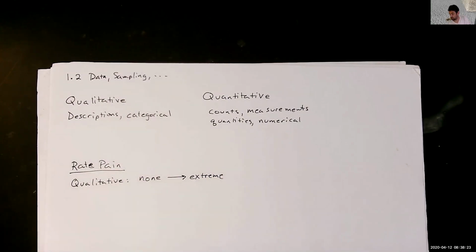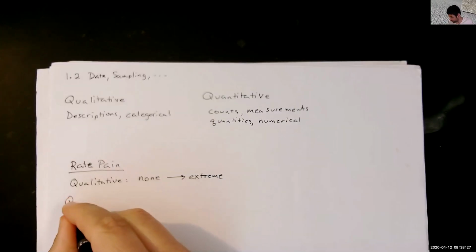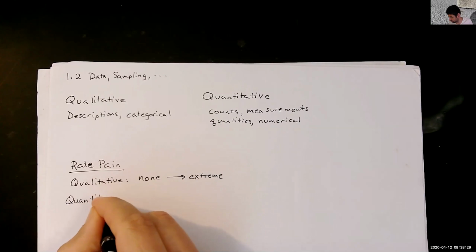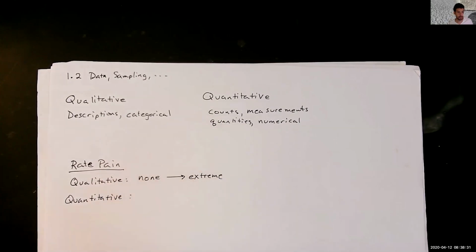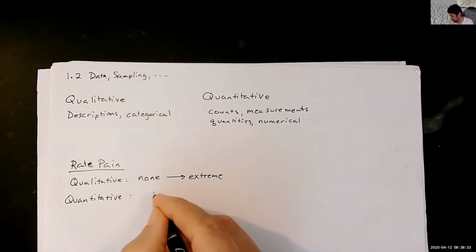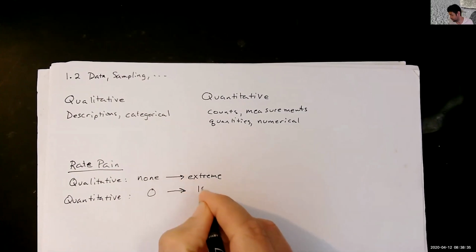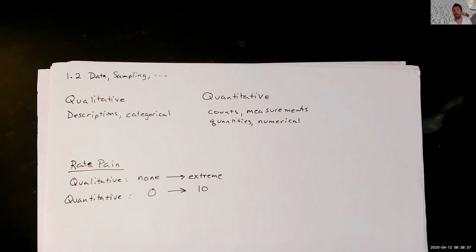That's qualitative, it's descriptive. You're fitting into a category versus quantitative, right? You could rate the pain from 0 to 10, right? So you're putting a number on how much pain you have, right?